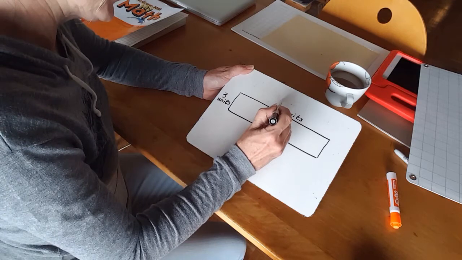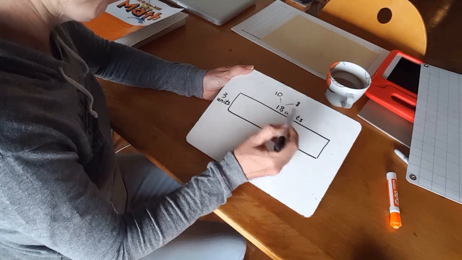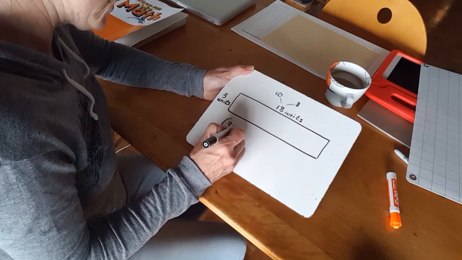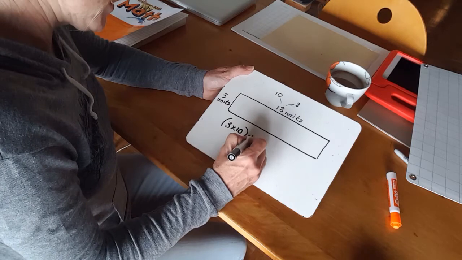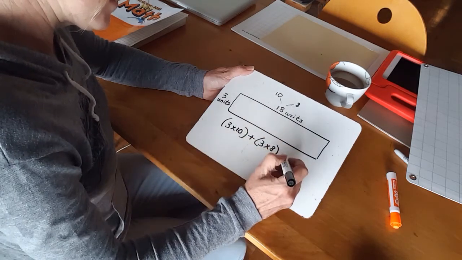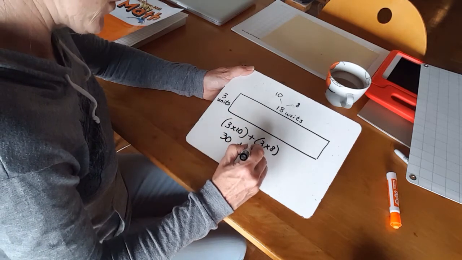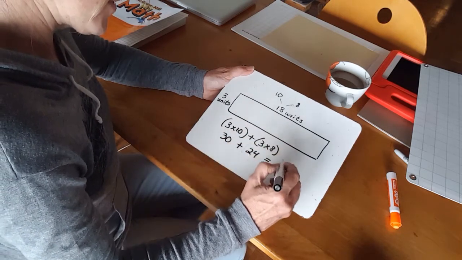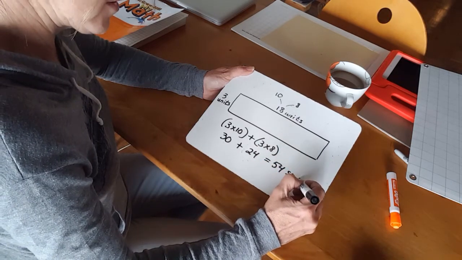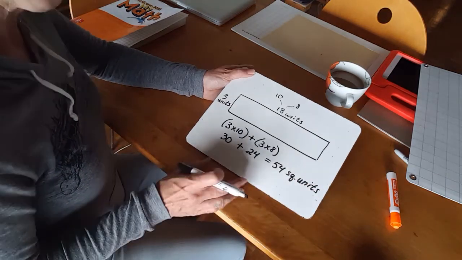So one way to split this apart that's easy is to do a 10 and an 8, right? So that means I'd end up with 3 times 10 plus 3 times 8, right? And then I have 30 plus 24, and then I end up with 54 square units. Okay?